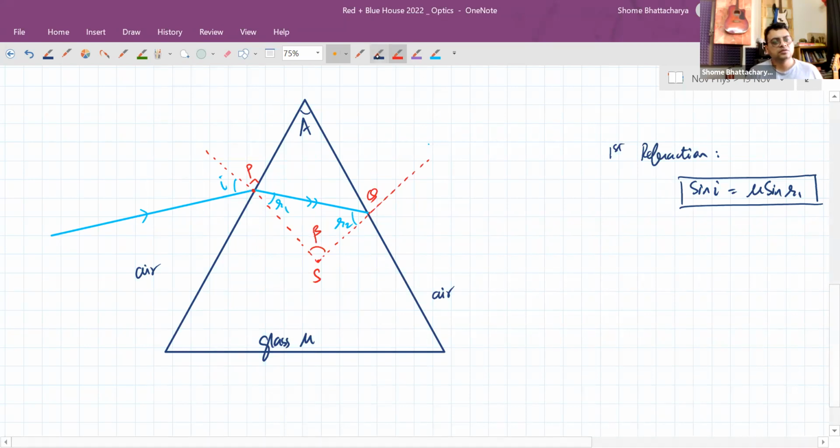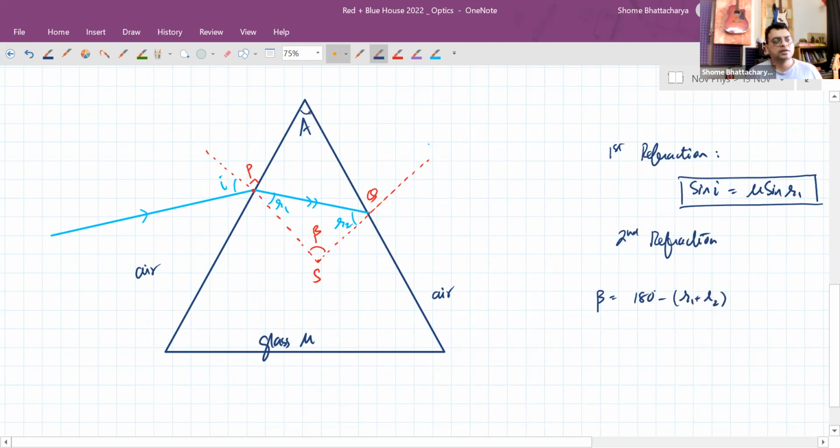Okay. So we can see at the second refraction, the angle of incidence is R2. We'll come back to that. But before that, we have beta is equal to 180 degrees minus (R1 plus R2).